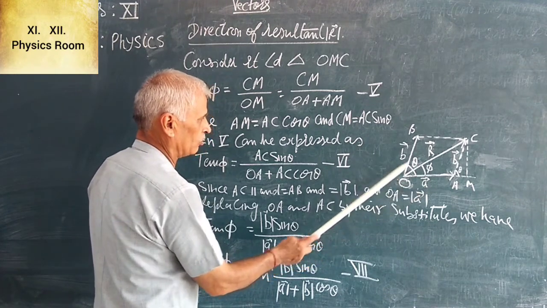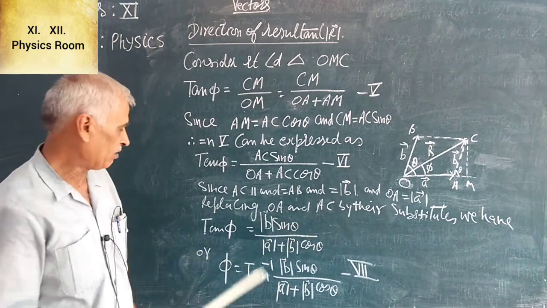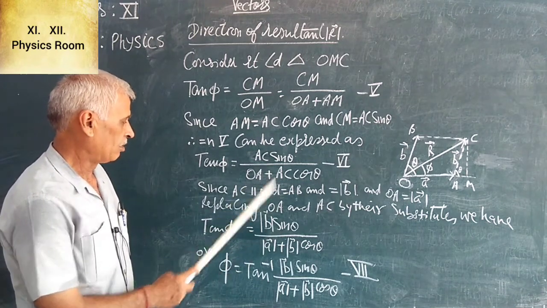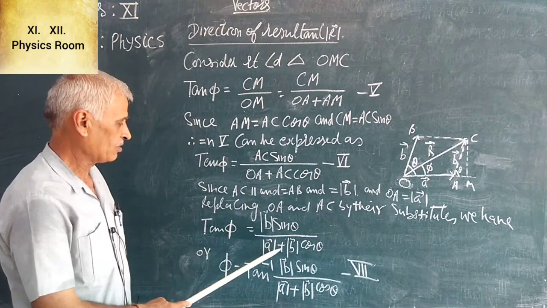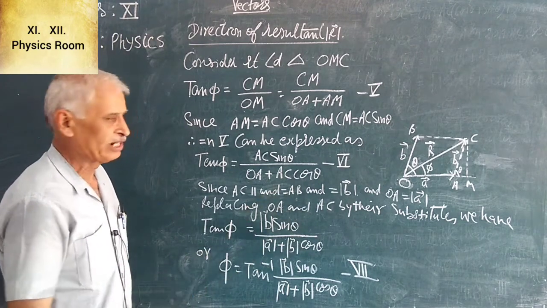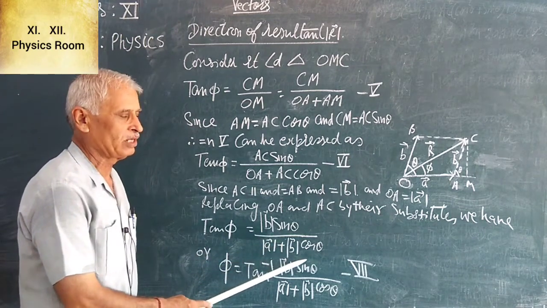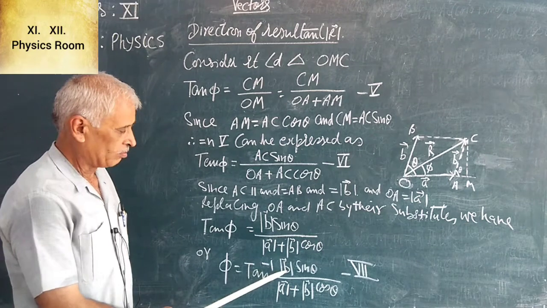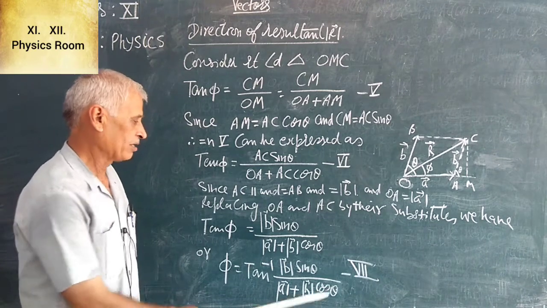Now replacing OA and AC by their substitutes, we have tangent phi is equal to mod B sin theta divided by mod A plus mod B cos theta, or phi is equal to tangent inverse of mod B sin theta divided by mod A plus mod B cos theta. Let us mark it as equation 7.